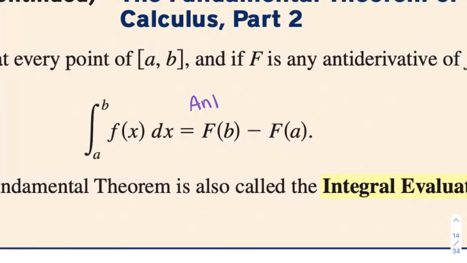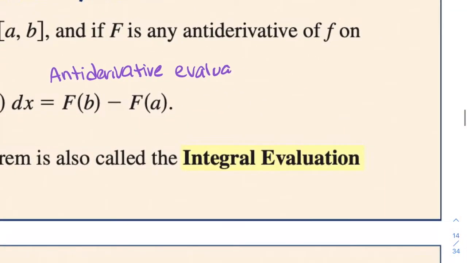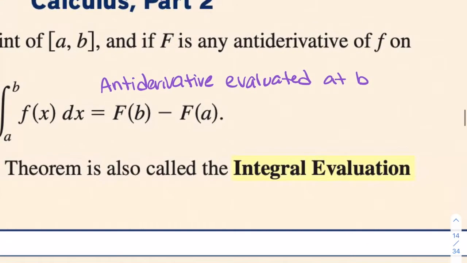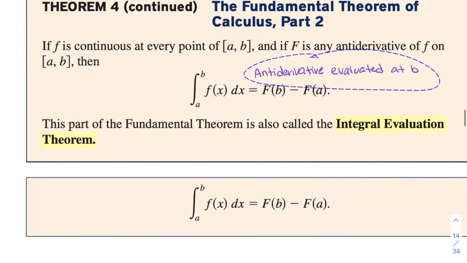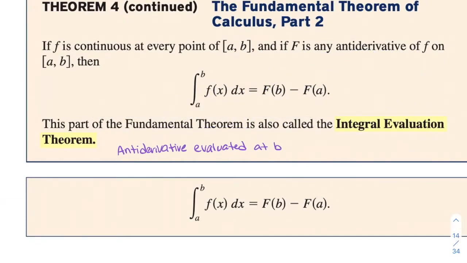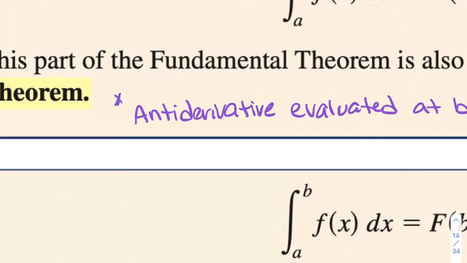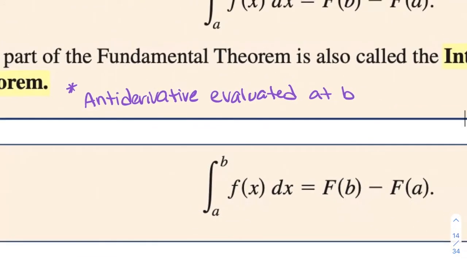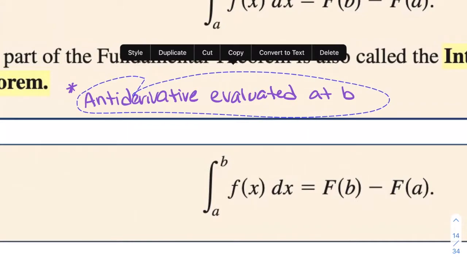So let me write that. Antiderivative evaluated at b, or the upper limit, minus the antiderivative evaluated at a.